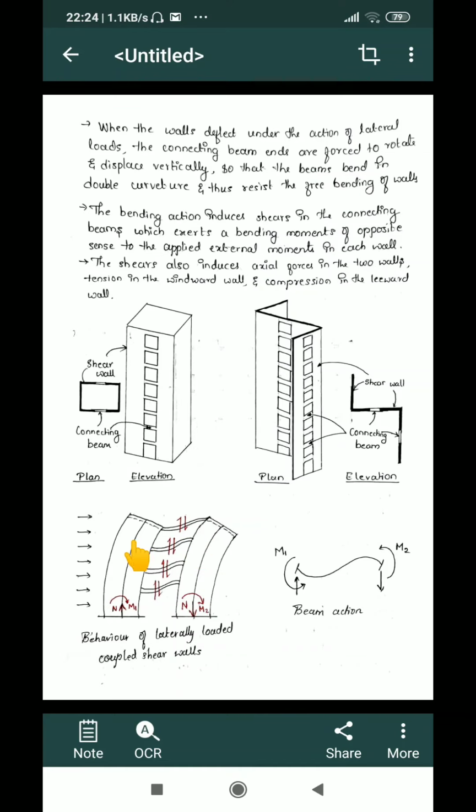Because of this sagging and hogging, differential bending, there will be stresses occurring in the connecting beam.